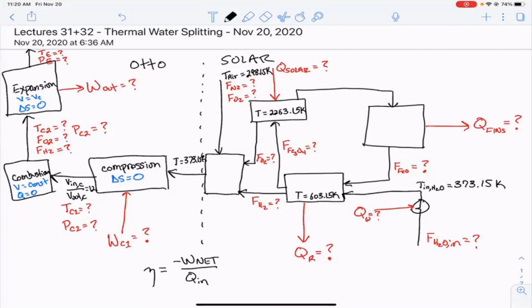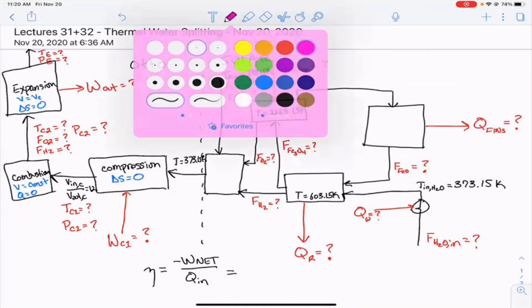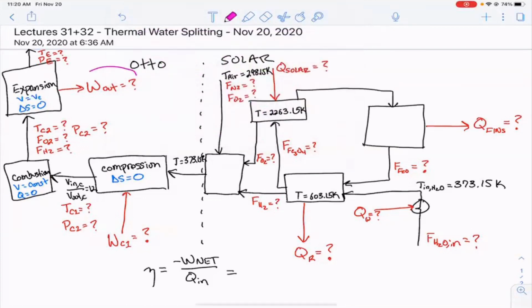So let's look at this. Well, where is work done or extracted in this process? Well, the work still just occurs on the Otto side, right? Just in the expander and the compressor, right? So we'll get some work out from here and some work will have to be done there to actually compress the gas.